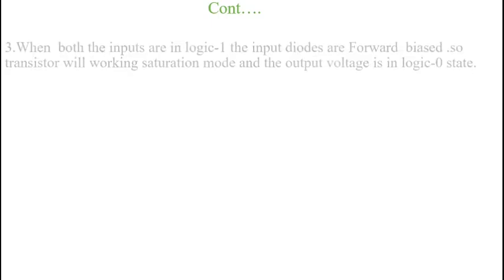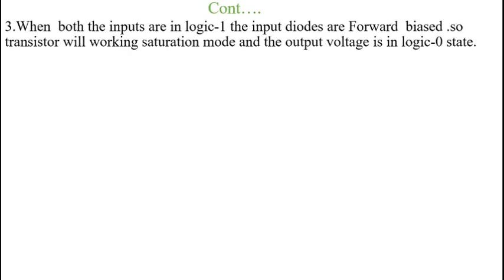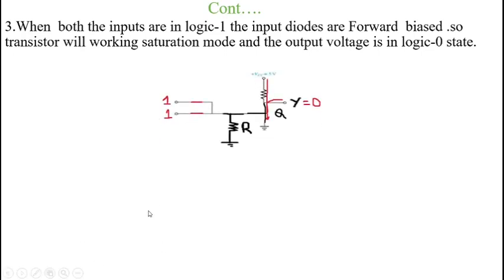The next possible combination of inputs is when both inputs are in logic 1. The input diodes are forward biased, so the transistor works in saturation mode and the output voltage is in logic 0 state. We consider both inputs as logic 1. At that time the two diodes D1 and D2 are operating in forward bias condition.